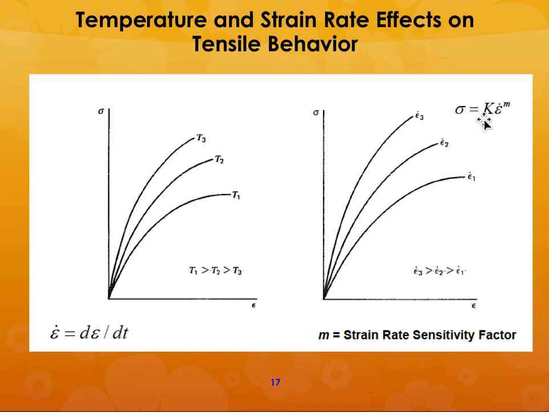brittle. So you can actually plot and say that sigma is equal to k times epsilon dot to the power m, where epsilon dot is the strain rate, the incremental strain over time, and m is the strain rate sensitivity factor.